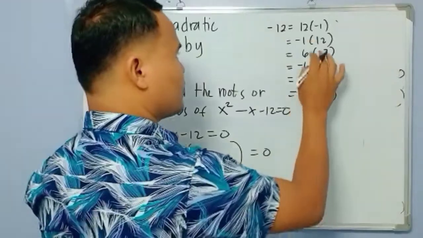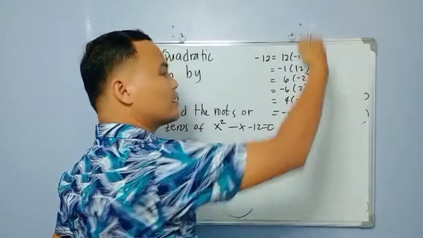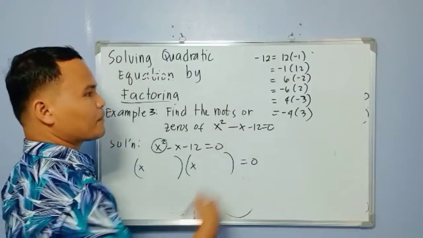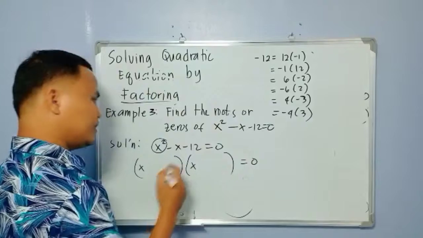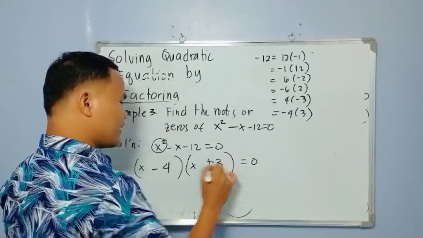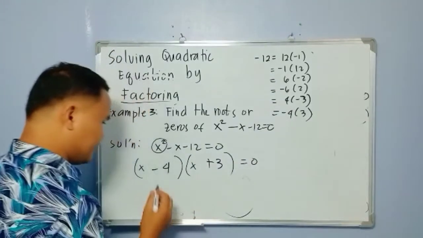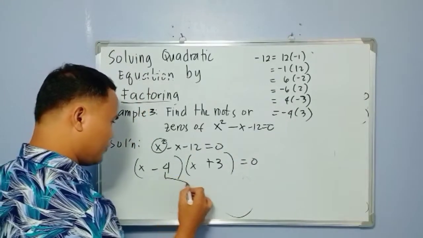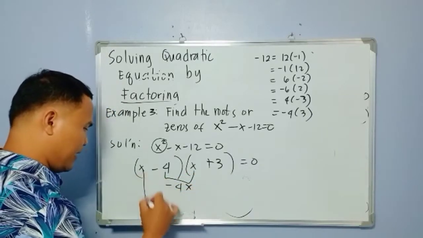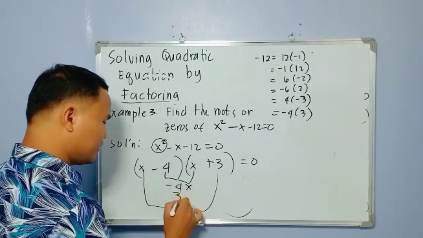So 1, 2, 3, 4, 5, 6. Among these 6 factors, which is the correct pair? Let us try negative 4 plus 3. Then, negative 4 times x is negative 4x, x times 3 is 3x.